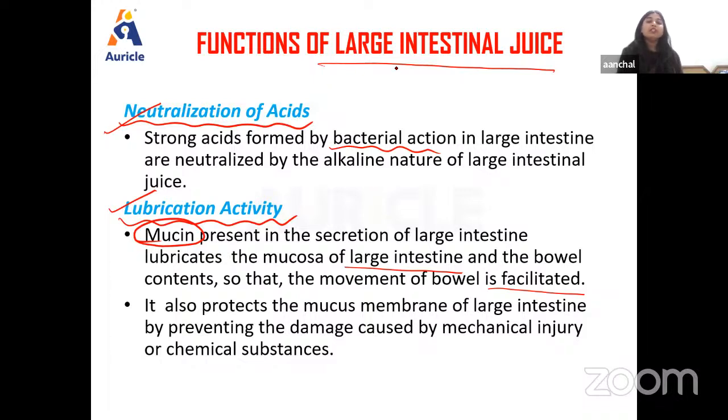So the organic contents present in this large intestine juice are also responsible for preventing damage to the lining, the mucosa of the large intestine. So as we can see, this large intestine juice is very important and plays very important functions inside the large intestine.